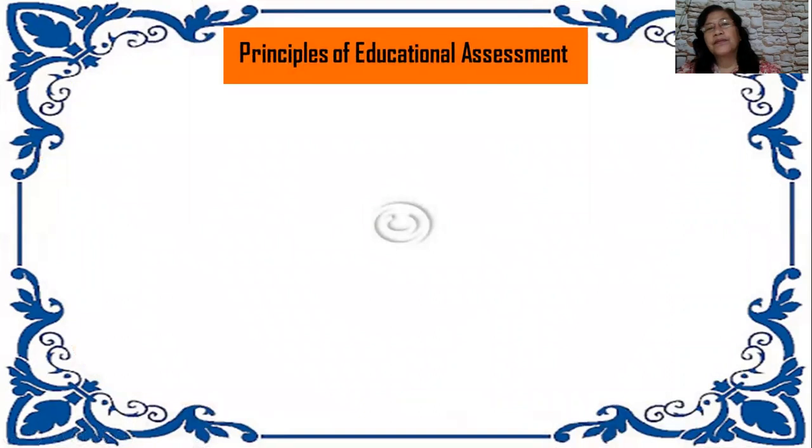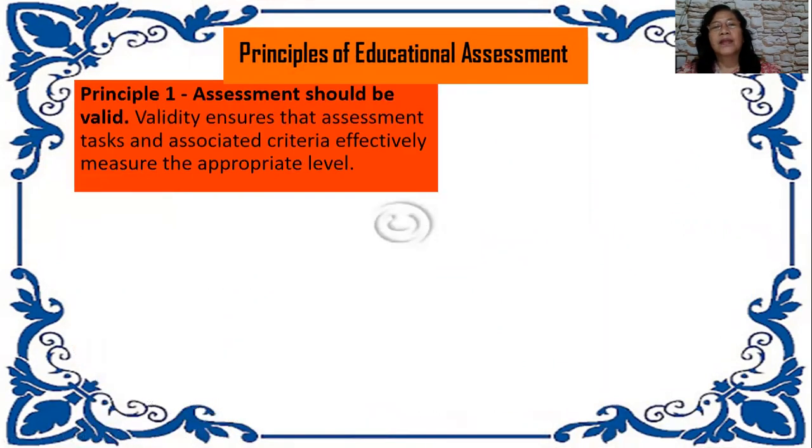Okay, so the principles of educational assessment. In the first discussion, there were principles of educational evaluation, this time assessment. Principle 1, assessment should be valid. So it is very important that you have to give a valid assessment. Validity ensures that assessment tasks and associated criteria effectively measure the appropriate level.